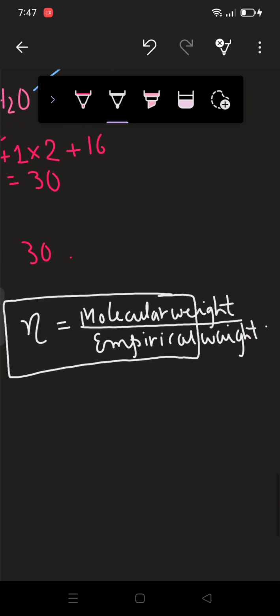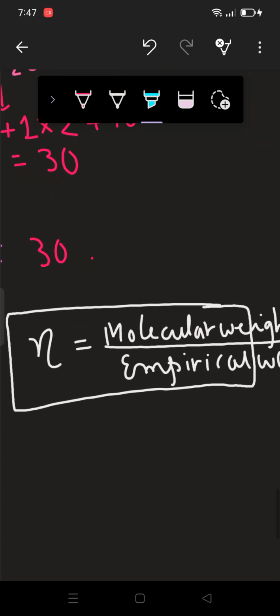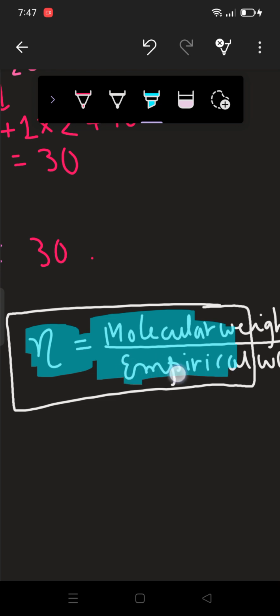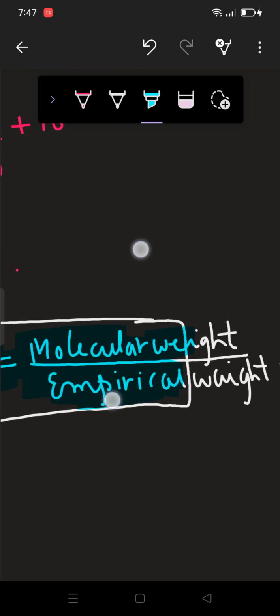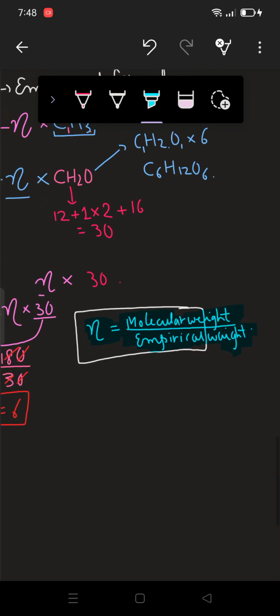Right? So this is the most important formula which you need to learn. Then you will not face any difficulty in finding the particular number which you are going to multiply your empirical formula with, so that you can have your molecular formula, right?